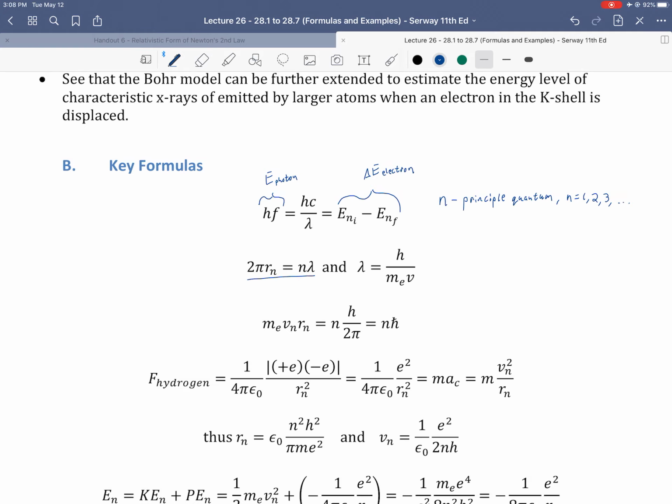Okay. And again, there's a slide that shows this. I can't really draw it to do it justice here, and that would be a slide in lecture 25.